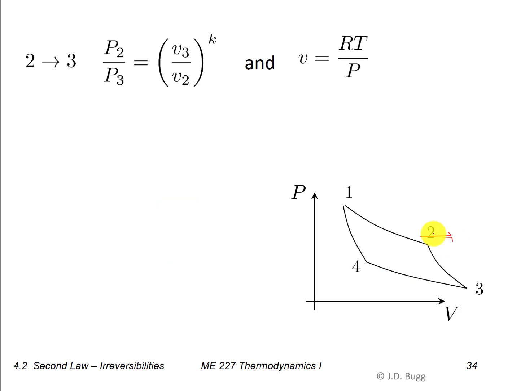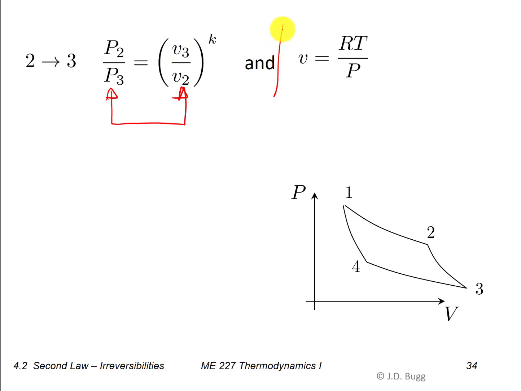So we'll begin by looking at process 2 to 3. Well, remember, this is PV to the K is a constant. So P2 over P3 equals V3 over V2 to the K. And this is another instance where we want to take an equation that relates pressures and volumes and change it to an equation that relates pressures and temperatures. So we want to get rid of these V's and get temperatures in there instead.